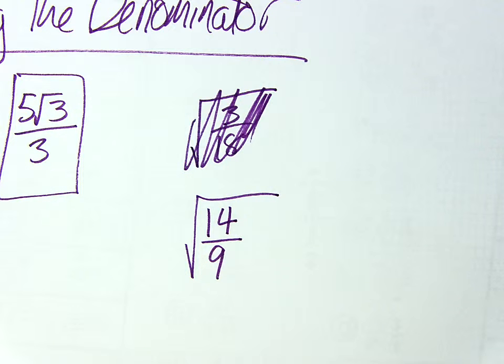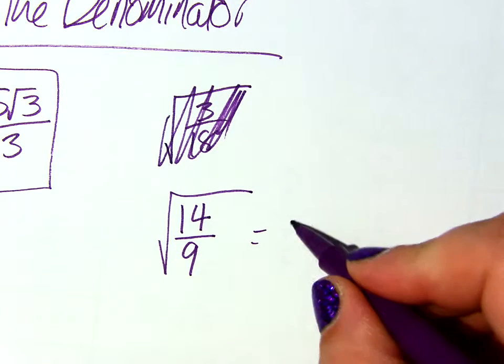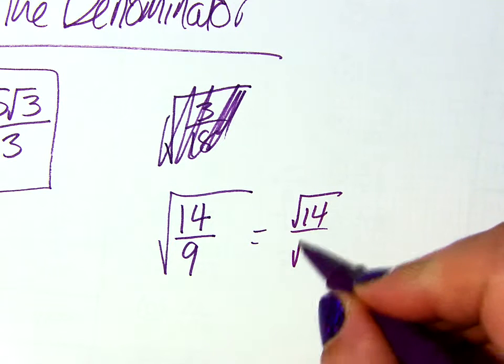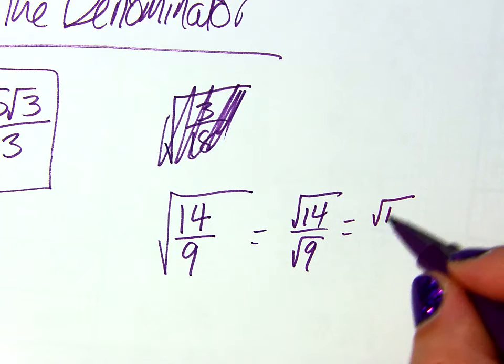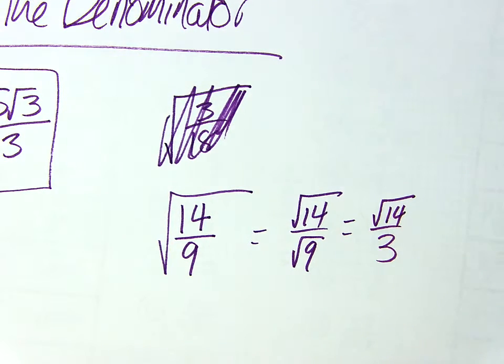Okay, so the good news is, if I want to take the square root of an entire fraction, I can just break it up and take the square root of the numerator and denominator separately. So this just turns into the square root of 14 over the square root of 9. And then lucky for me, the square root of 9 is just 3. So I get lucky here. I don't have to worry about rationalizing the denominator because it just worked out nice. That won't always happen, but in this case it did.